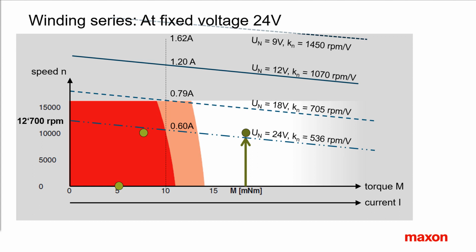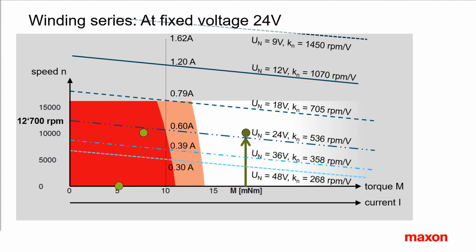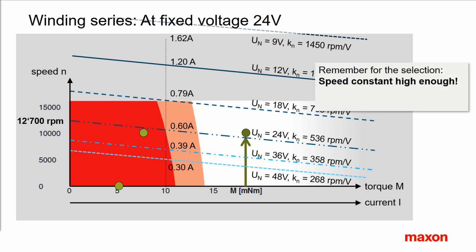The controller would have to reduce the motor voltage a lot, and the currents needed are much higher. The other two windings with higher resistance and nominal voltage cannot reach the required speed, because their speed constant is too low. The key message is, select a winding with a high speed constant, but don't go too high, for keeping the required current small.